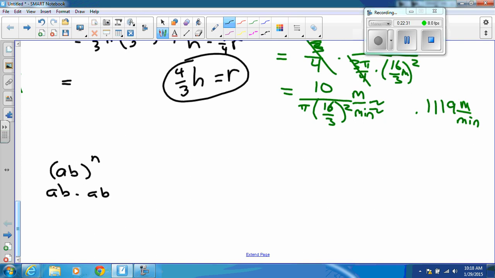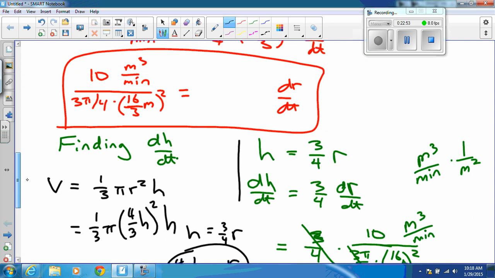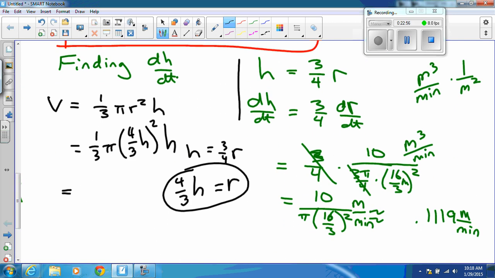So I have ab times ab times ab. And now I understand that multiplication is commutative and associative, so I can multiply together all my factors of a first. How many of those do I have? And then I can multiply my n factors of b together as well. So, coming back to this, it is going to be what?